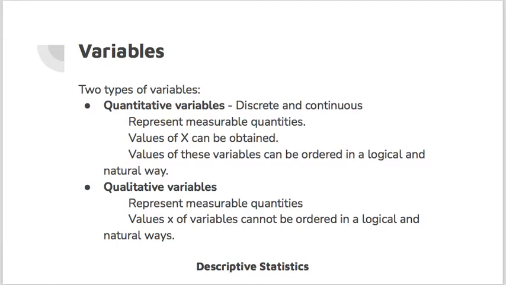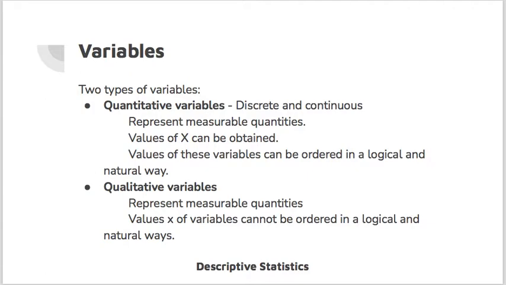So what is a quantitative variable and a qualitative variable? A quantitative variable represents measurable quantities. The values of these variables can be ordered in a logical and natural way.